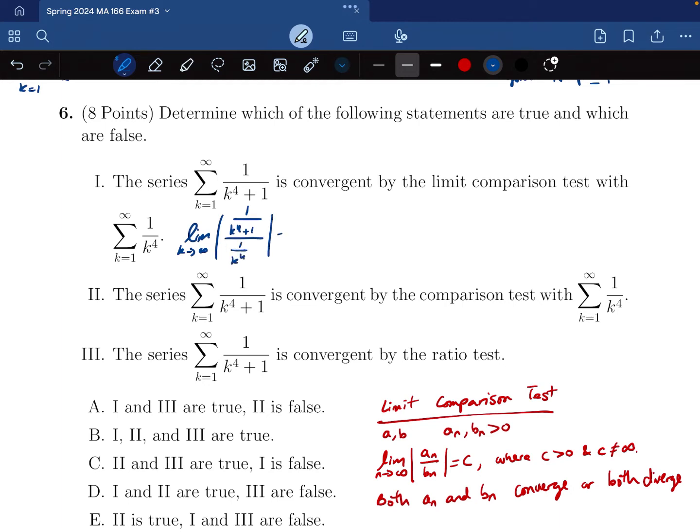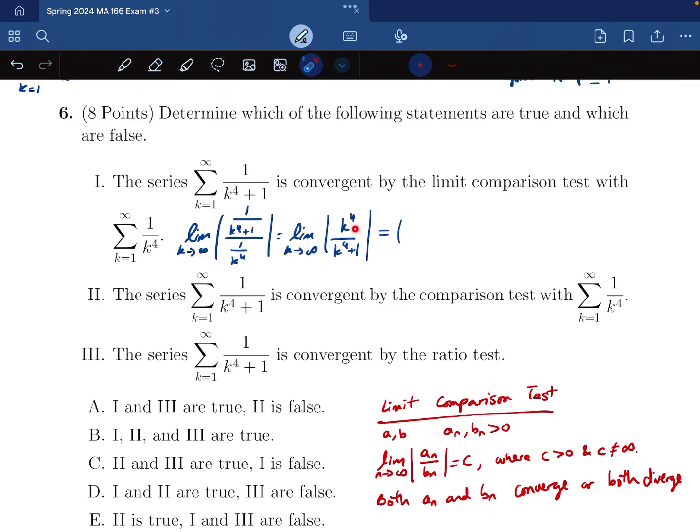Then I end up with k to the power of 4 over k to the power of 4 plus 1. This limit is equal to 1 anytime we are taking the limit as k approaches infinity of the ratio of two polynomials.